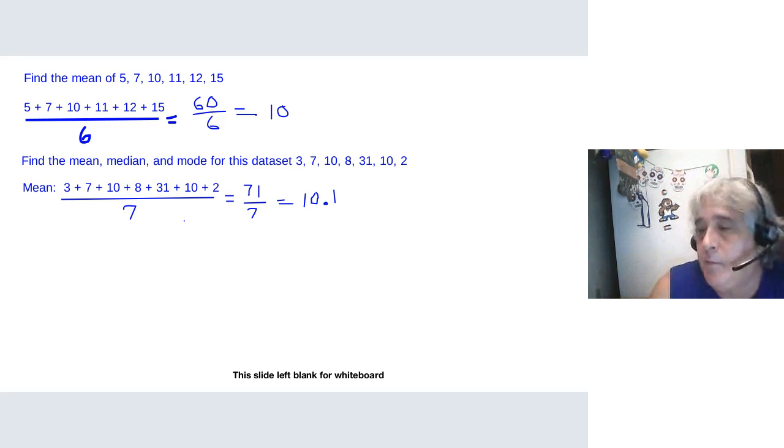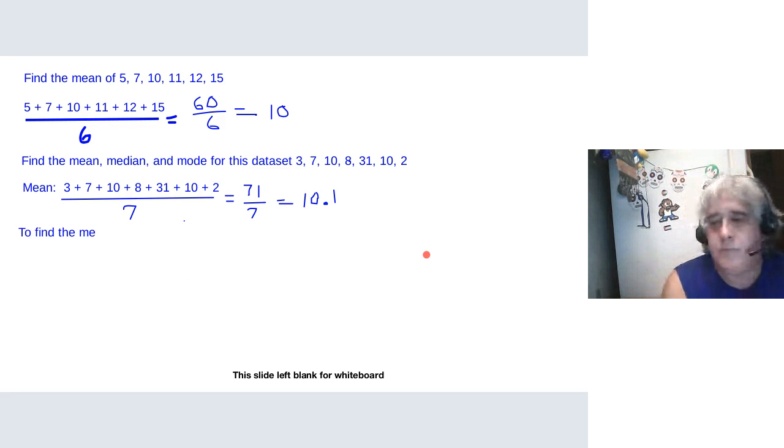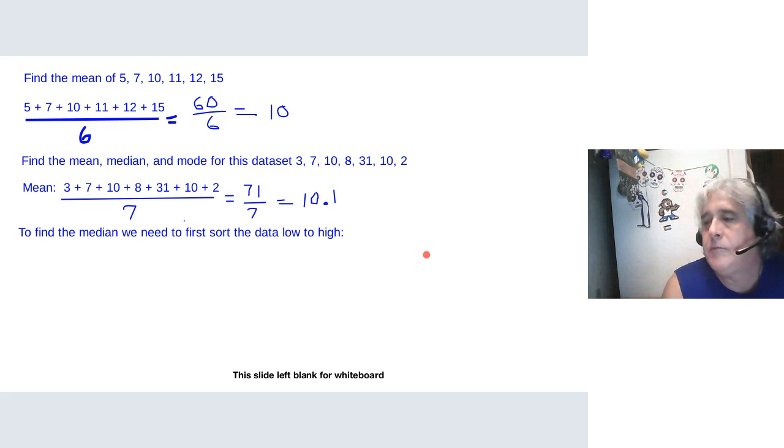So let's do the median. Now, first thing is, so let's say 2, 3, 7, 8.